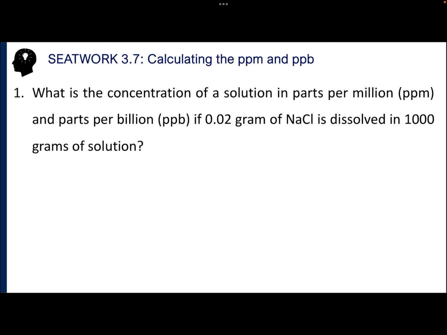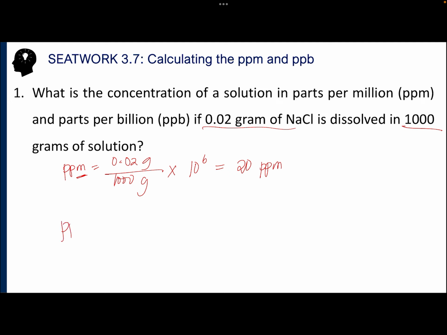Okay, another one. What is the concentration of a solution in parts per million and parts per billion if 0.02 grams of NaCl is dissolved in 1,000 grams of solution? Very easy. For ppm, we have the solute, 0.02 grams, divided by the solution, 1,000 grams, times 10 to the 6. The answer is 20 ppm.